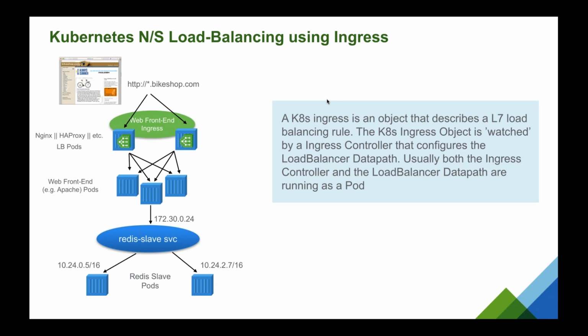So those pods talk to the Kubernetes API. They watch for so-called Ingress resources, which are load balancing rules, pointing some host entry like bikeshop.com here in this picture, and maybe even some paths after the host, and points them to a destination service.